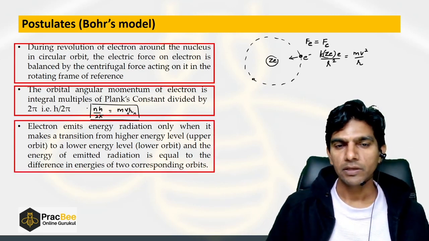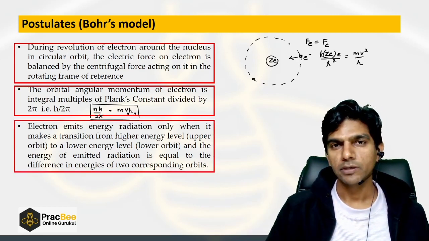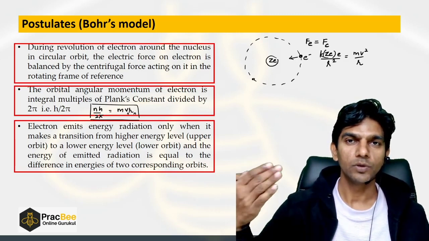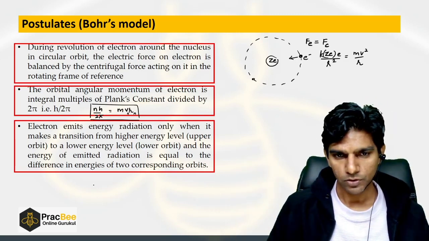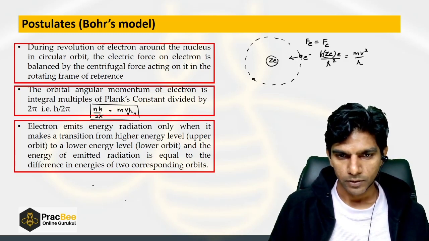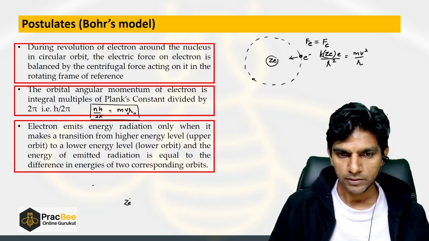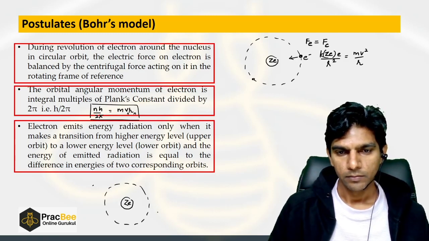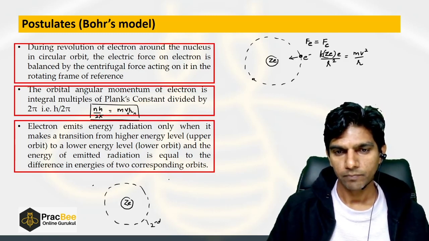And the third thing: when the electron is orbiting in a particular orbit, it does not radiate energy. It only radiates energy if it is coming from a higher energy level to a lower energy level. Suppose this is the nucleus, and let us say this is the second orbit, and this is the fourth orbit.